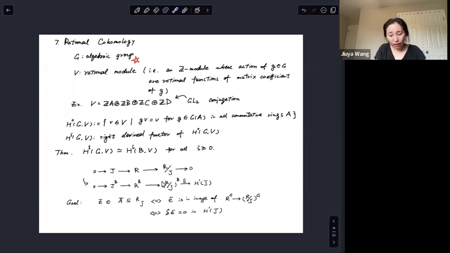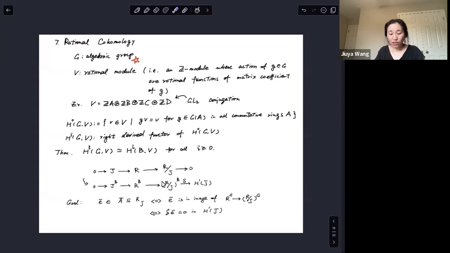For an algebraic group G, a rational module is a G-module where the action of the algebraic group is given by rational functions of the matrix entries. A typical example is exactly the classical result we have seen before, and you can do a computation to see that the actions are all rational functions.